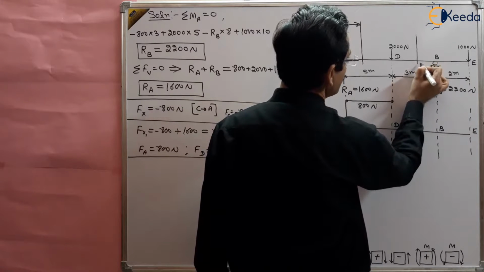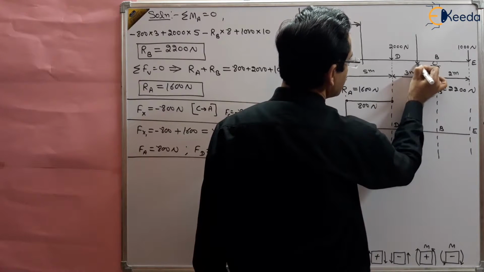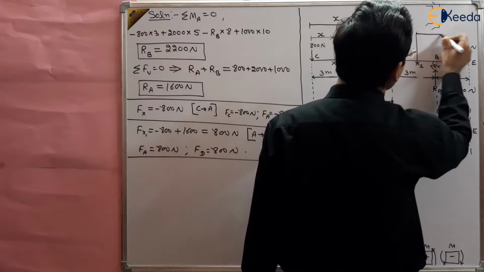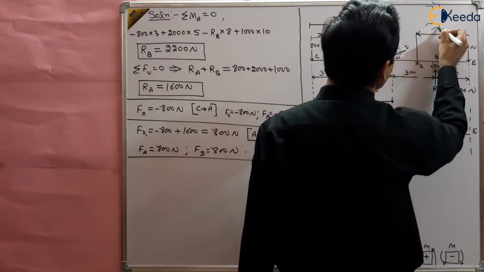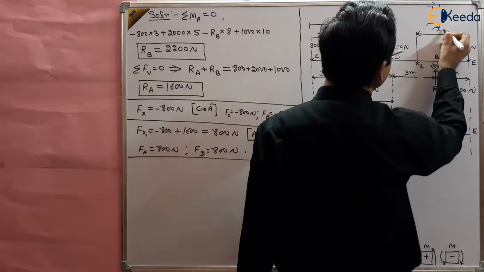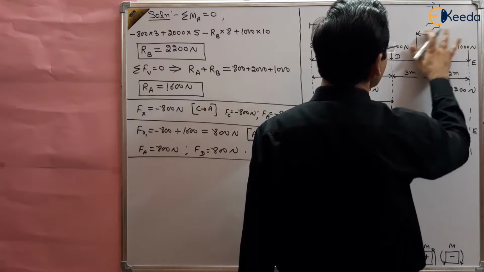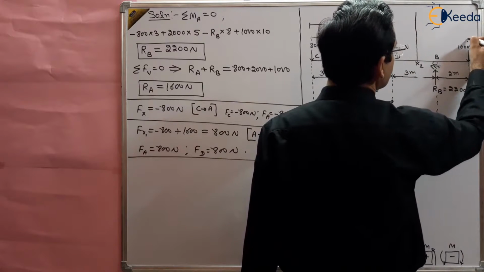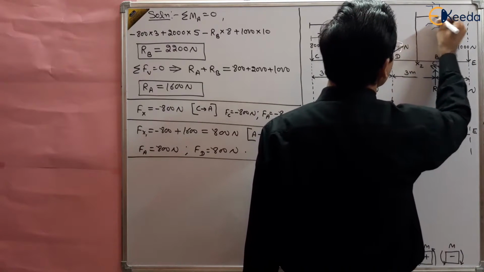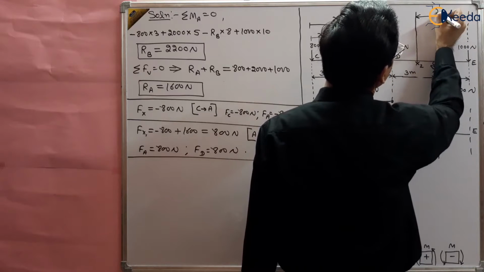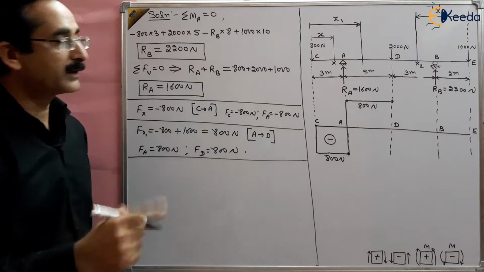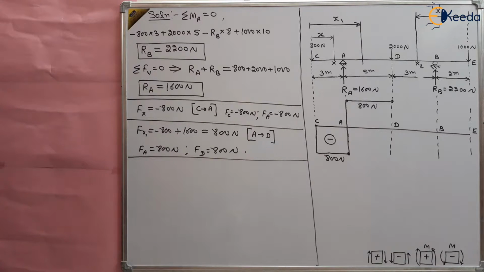Suppose this is x2, taken from E. This is x2, taken from E, but between D and B, because I want to find out the shear force between D and B.